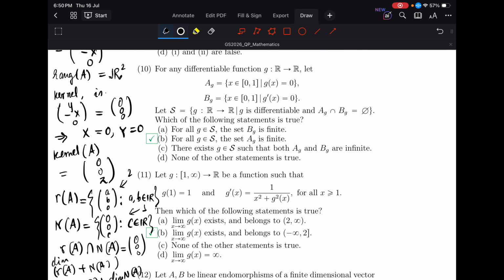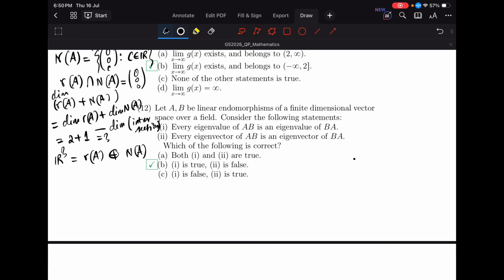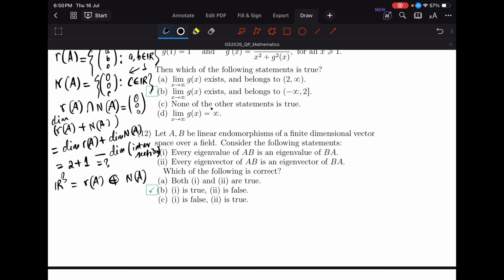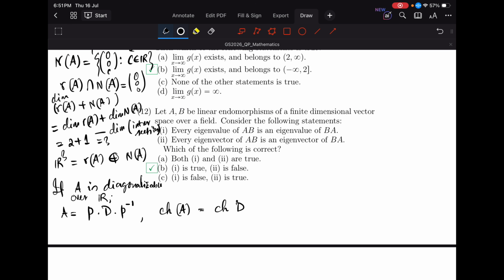All right, now this satisfies this, but the point is they are asking whether T is diagonalizable or not. So let us do this here. If A is diagonalizable over R, then there exists some invertible matrix P such that A equals PDP inverse. Then the characteristic polynomial of A is the same as the characteristic polynomial of D, right?